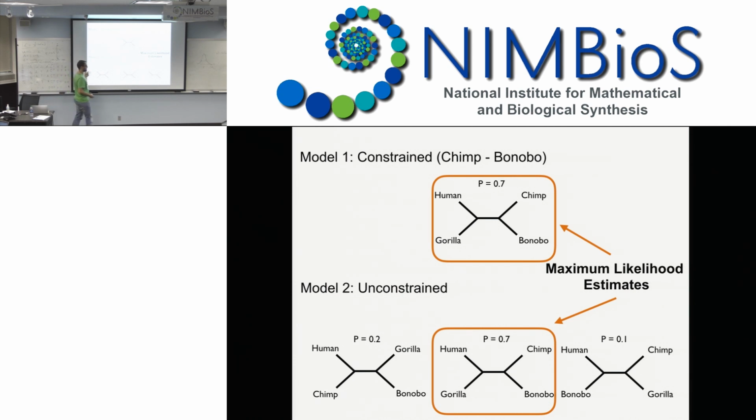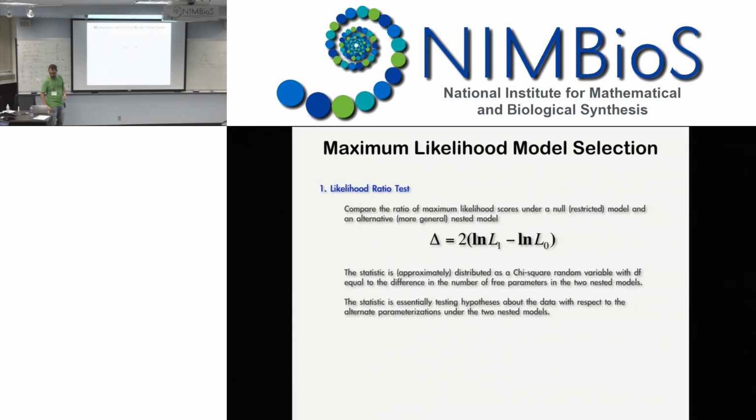If you make the model more complex by adding more parameters, like here the topology to vary, you could always get at least the same maximum likelihood estimate as in the simpler model, but then we need to additionally penalize for the additional parameters to find which of these hypotheses was more probable.